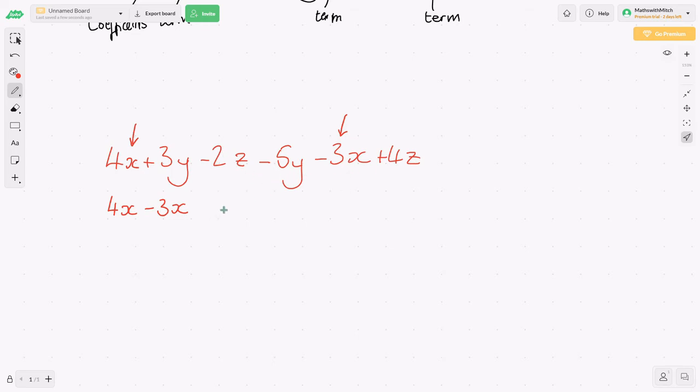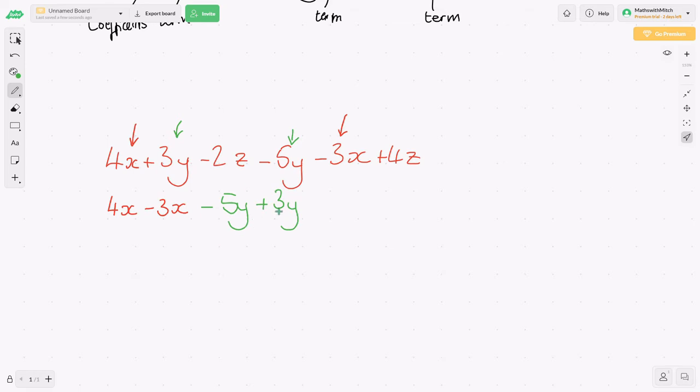So next we can look at the y terms. So we have a minus 5y here, and we have a plus 3y. Now it doesn't matter which way around I write them because they're carrying the coefficient with them. So if you have a negative 5 plus a positive 3, you end up with negative 2.